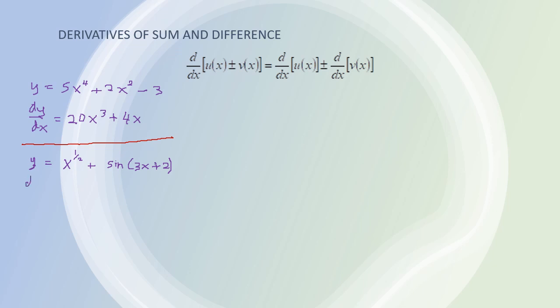So dy over dx equal to, first we differentiate x to the power of 1 over 2, so we get 1 over 2 x to the power of 1 over 2 minus 1 is negative 1 over 2, and then plus, then differentiate function sine 3x plus 2, we get cos 3x plus 2 multiply by, we differentiate 3x plus 2 is 3.